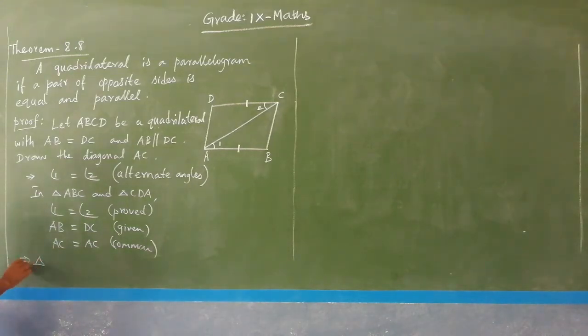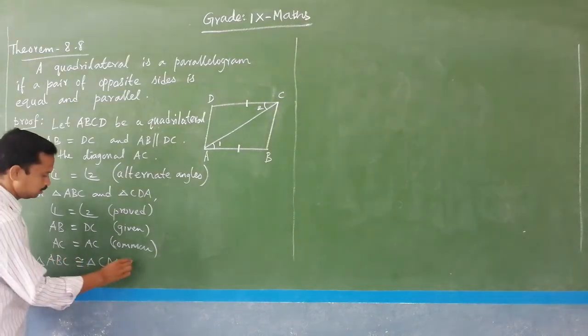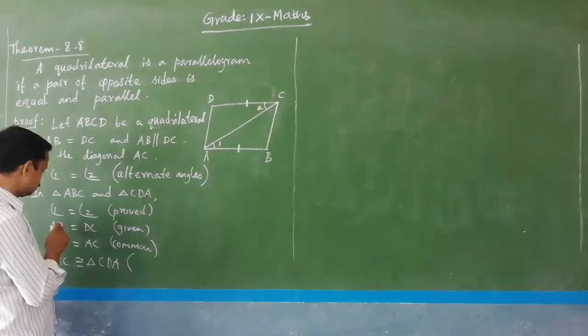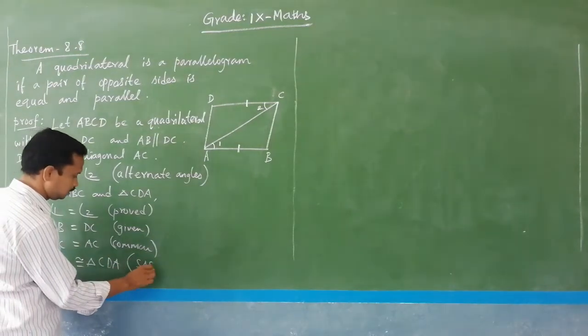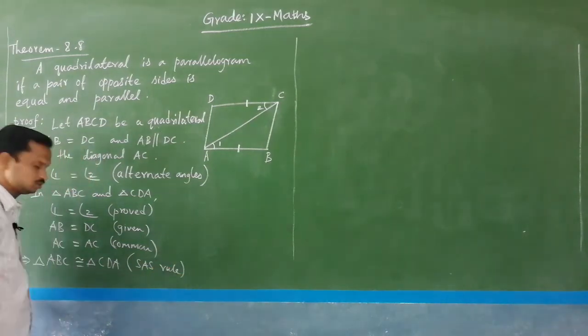This implies triangle ABC is congruent to triangle CDA because of the SAS rule. Because of this rule we can say these two triangles are congruent.